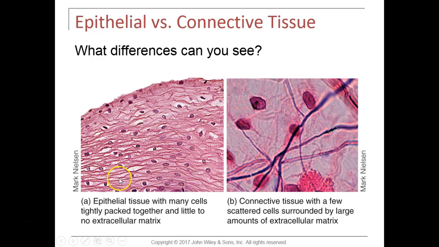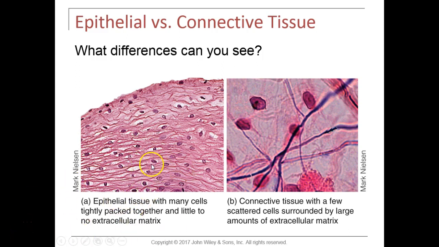So right away, if you look at this picture for the epithelial tissue, you can see there are many, many, many cells. Each one of these is a distinct cell, tightly packed together. Basically, their membranes are touching each other all over the place, which means most epithelial tissues contain many types of cellular junctions to anchor these cells together.